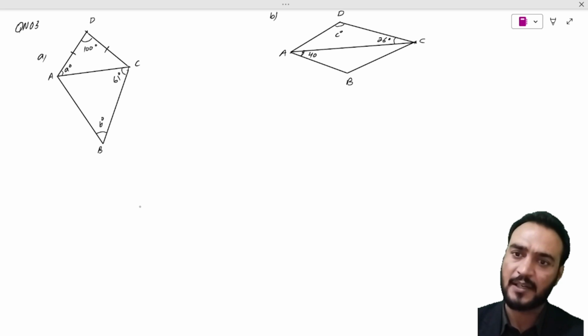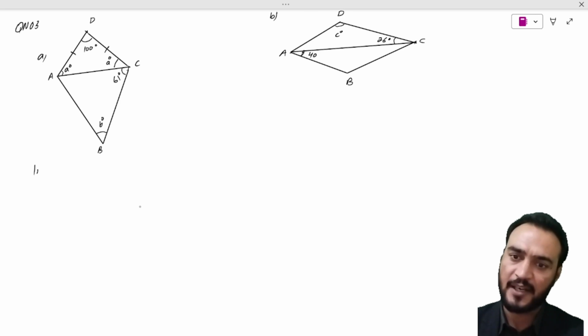So we know that angles opposite to the equal sides are always equal. So this angle is also equal to A degrees. Now we will consider the triangle ADC, where two of the angles are A degrees, and the third angle is 100 degrees. We put the sum of these three angles equal to 180 degrees.